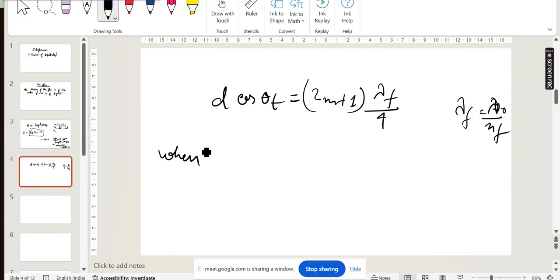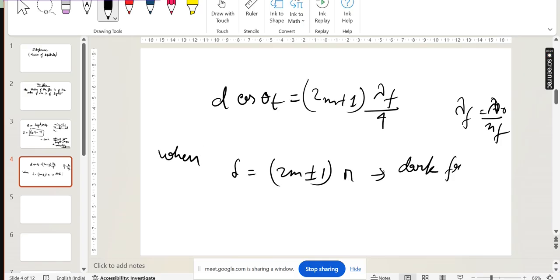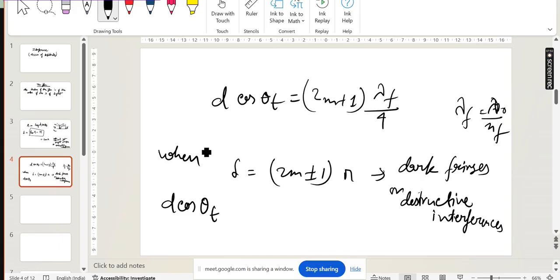And when delta is equal to (2n plus or minus 1) pi, we will get dark fringes or destructive interference. That gives us 2 nf d cos theta t equal to n lambda naught.